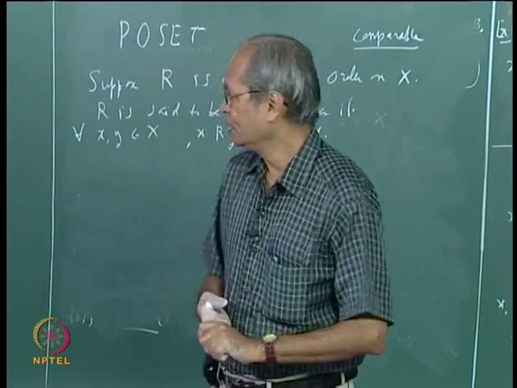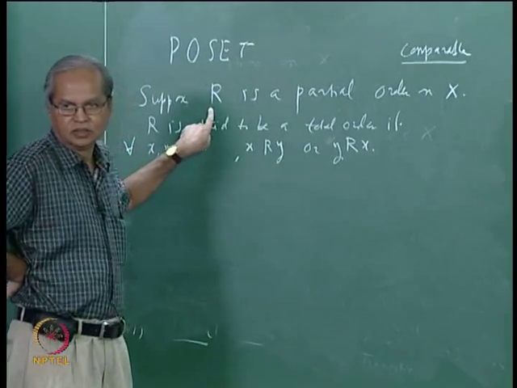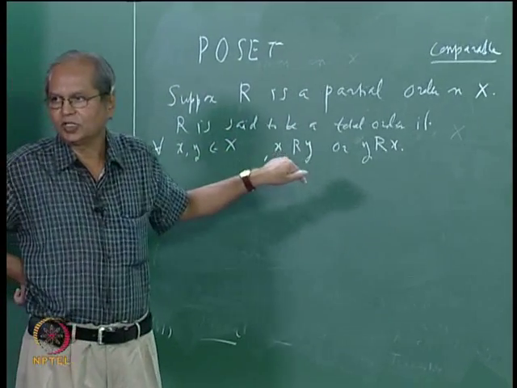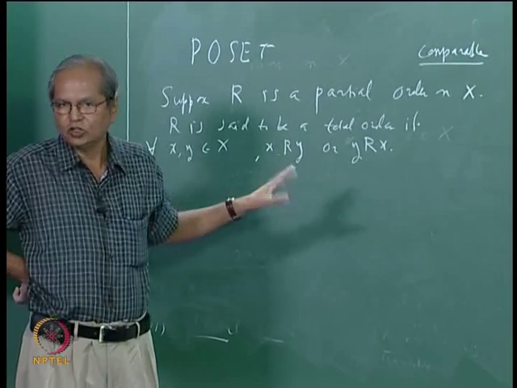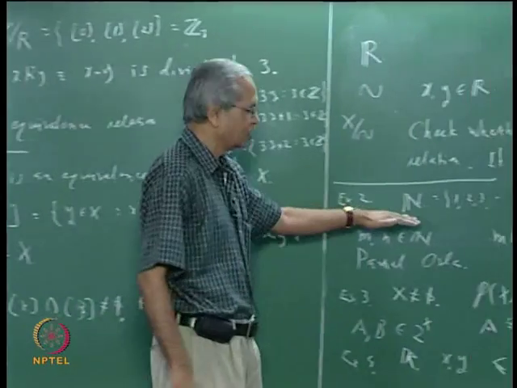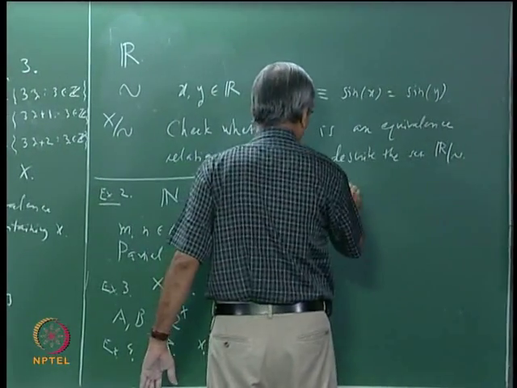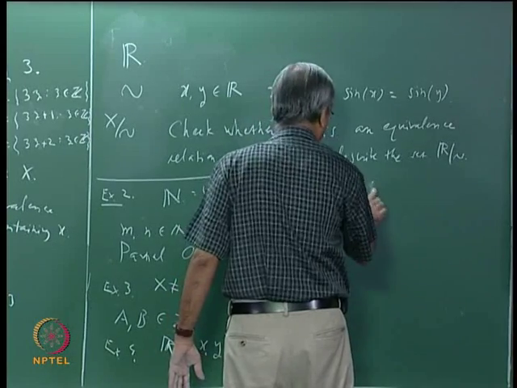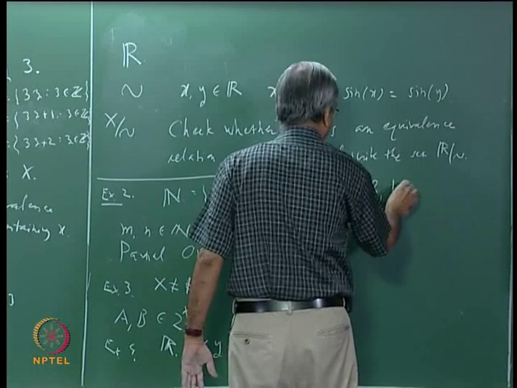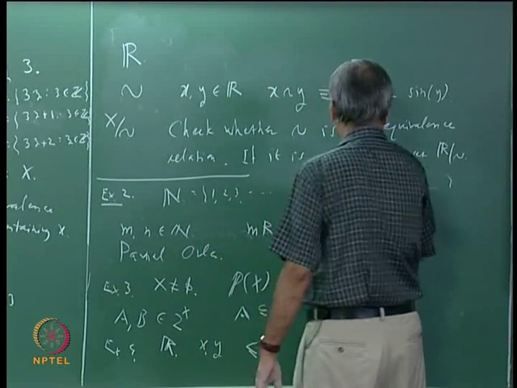Now it can happen that in a partially ordered set you can find a subset which is totally ordered. For example, this set itself is not totally ordered. But suppose I collect the set 2, 4, 8, 16.